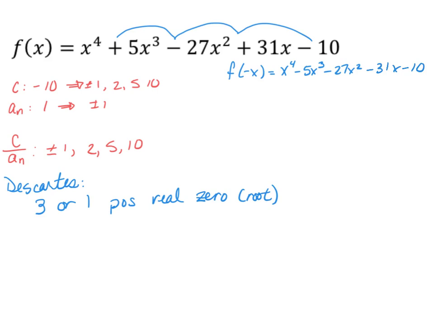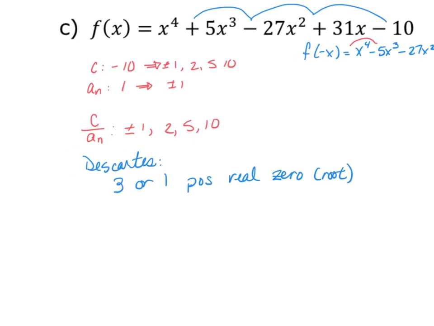So the only ones that change sign when you put in a negative x are the ones that have odd powers. So then I look to see, okay, did this one change sign? Is that the only place it changed sign? Yeah, so I have one negative real root, or 0. So I'm guaranteed one positive and one negative.